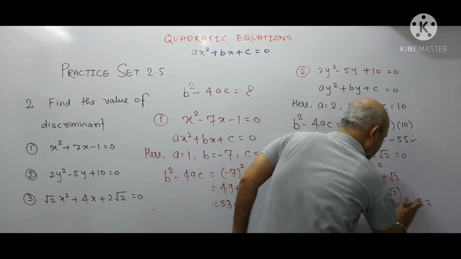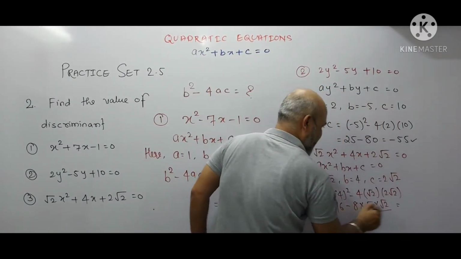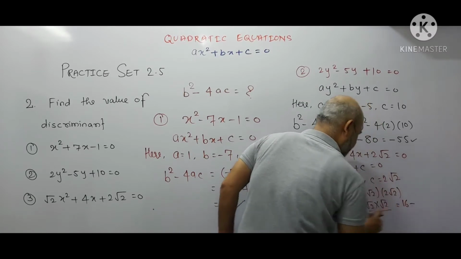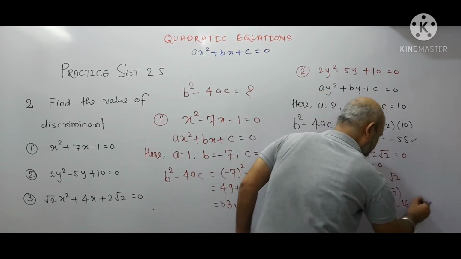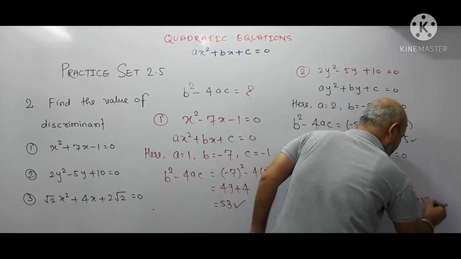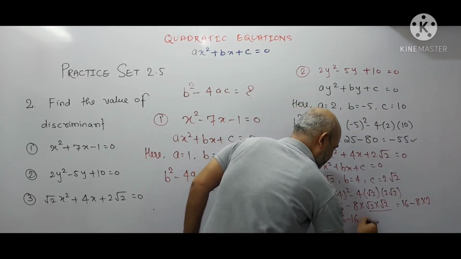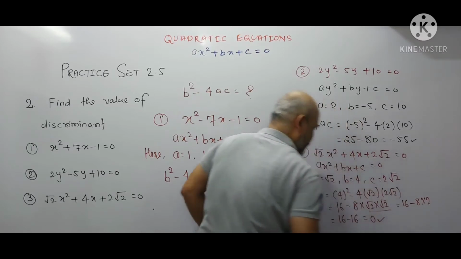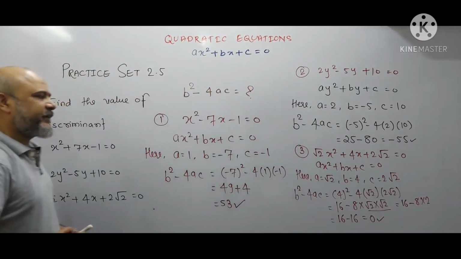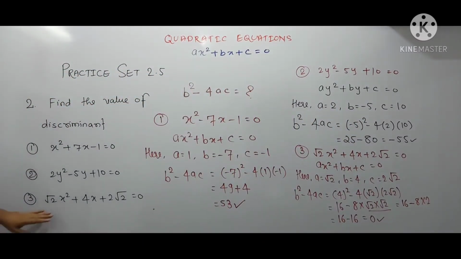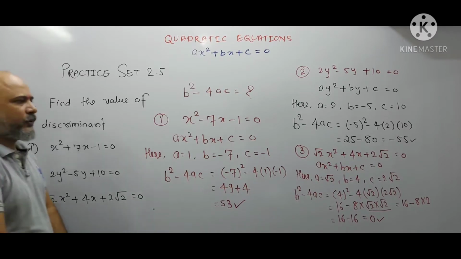Root 2 multiply by root 2 is 2, so you will get 16 minus 16, which is equal to 0. So the value of discriminant in the third equation is 0.